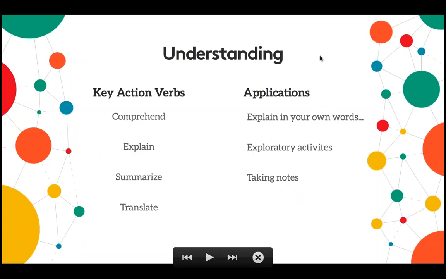So then the next level up, after you have learned some basic material, after you've remembered facts, numbers, definitions, you now have to actually go and understand what you're remembering. I like to think of very young school children learning their times tables. And that's basically in that remembering section, but what are they actually doing?